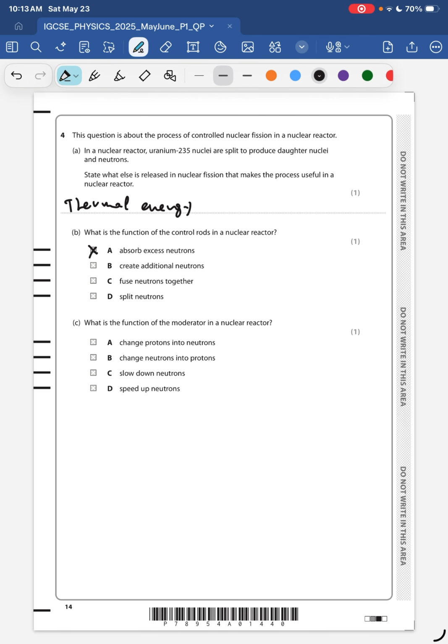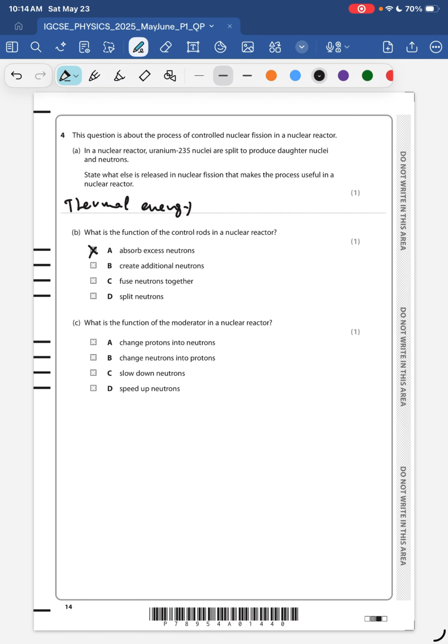C. What is the function of the moderator in a nuclear reactor? So change protons into neutrons, that's crazy. No. Change neutrons into protons, again, it's crazy. Actually, neutrons change into protons by themselves. I mean, they decay into protons when they are free, not inside nuclei.